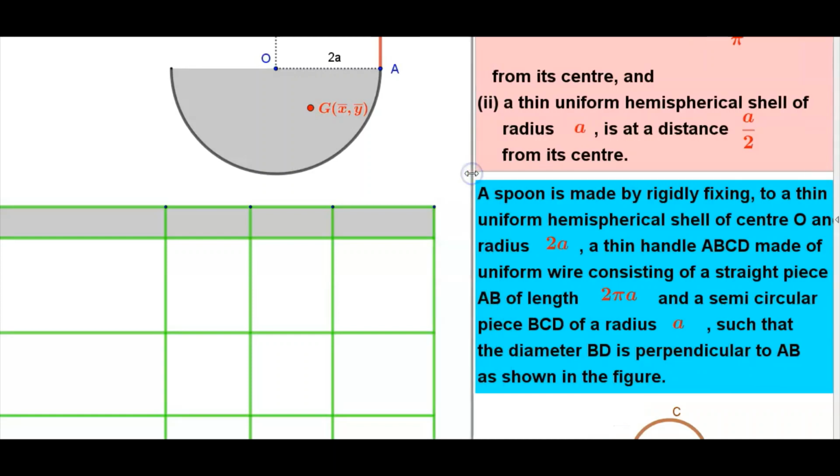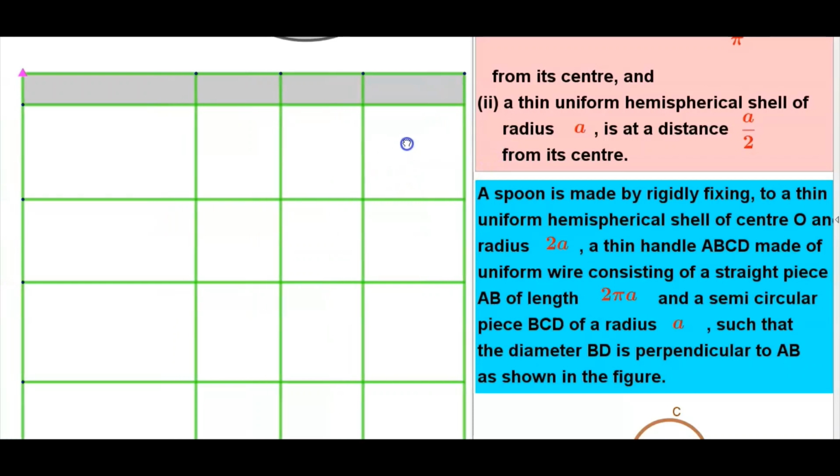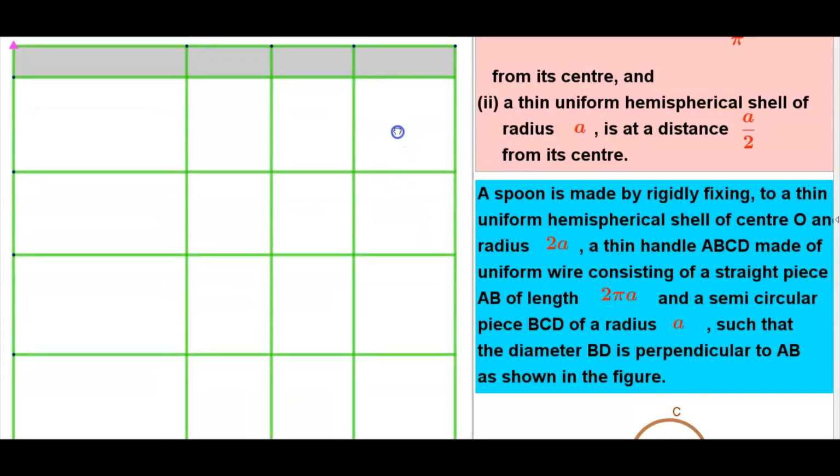Now we consider all possible elements that make this spoon. What are the bodies used to make this spoon? Mass, center of mass from OD, center of mass from OA.